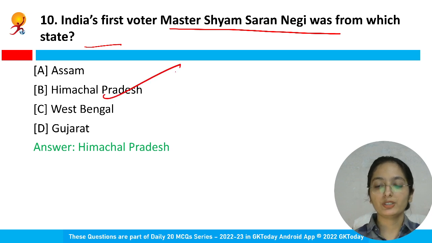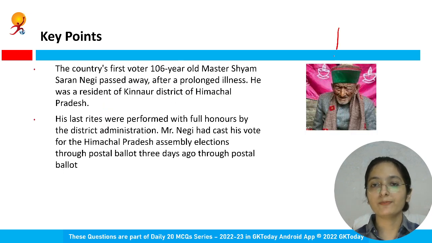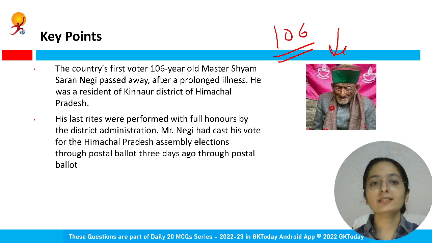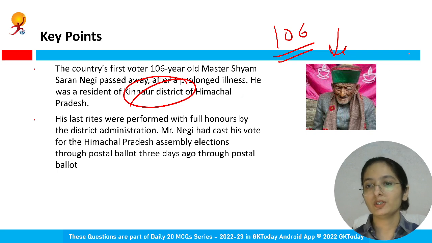Himachal Pradesh. Let us have a look. So you can see he is the country's first voter, 106-year-old, who recently passed away after a prolonged illness. He was a resident of Kinnaur district of Himachal Pradesh. His last rites were performed with full honors by the district administration.